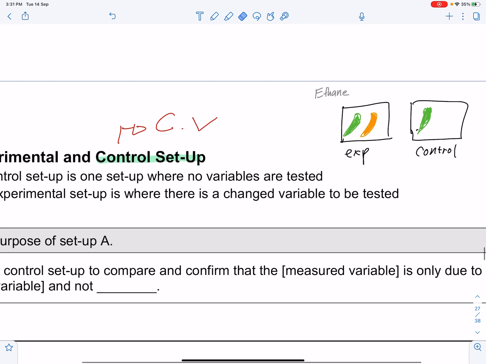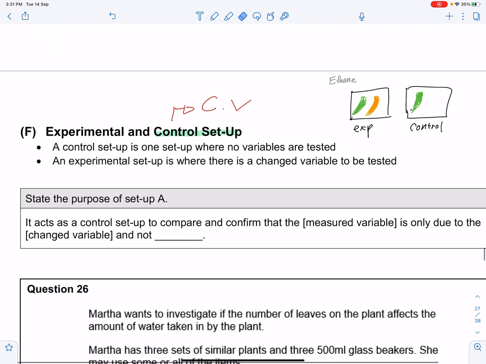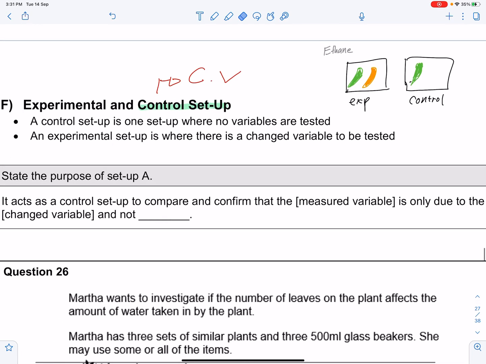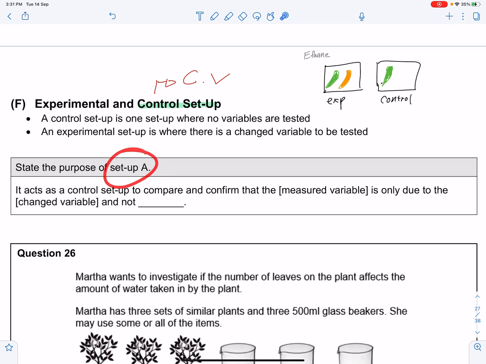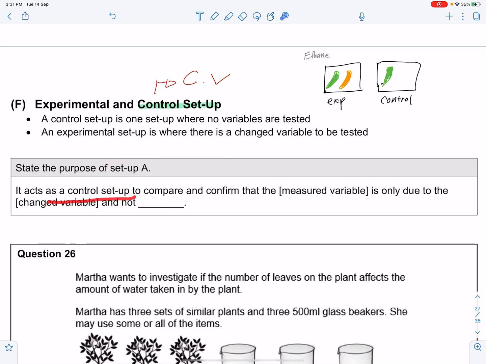Now, what is the purpose of a control setup? For setup A, it acts as a control to compare and confirm that the measured variable, in this example the rate of ripening of bananas, is due to the change variable.